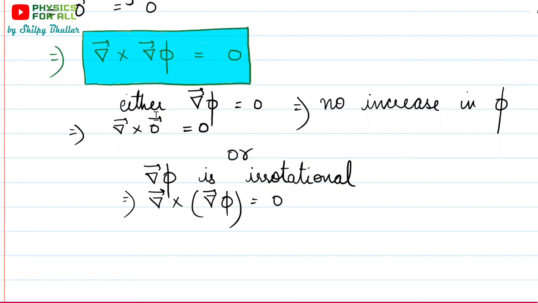So in the next video we'll discuss conservative field, and we will definitely make use of one of these two rules there. So this was all about these two rules of thumb, that divergence of curl is always 0 and curl of gradient is always 0. That's all for today. Thank you.